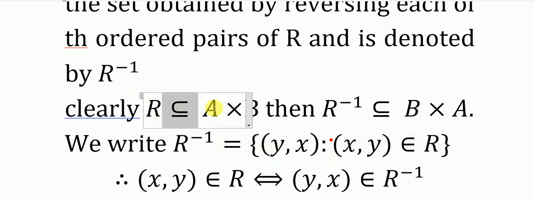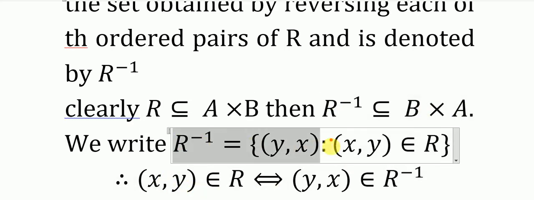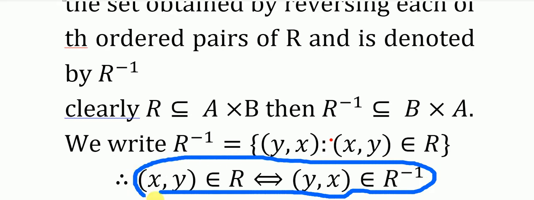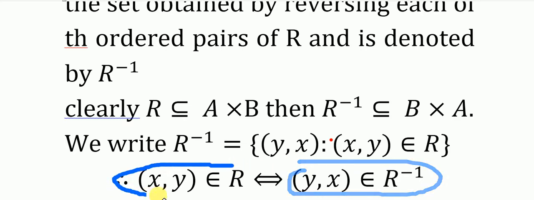Clearly, if R is a subset of A cross B, then R inverse is a subset of B cross A. We write R inverse is equal to the set of all ordered pairs (y, x) such that (x, y) belongs to R. So I have to take the reversed ordered pair to get R inverse. (x, y) belongs to R if and only if (y, x) belongs to R inverse. That is, if (x, y) belongs to R, then (y, x) belongs to R inverse. On the other hand, if (y, x) belongs to R inverse, then (x, y) belongs to R.